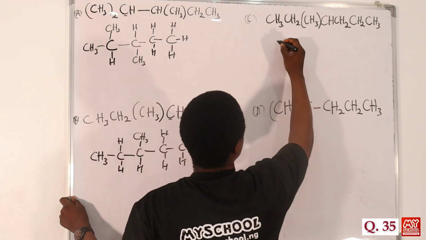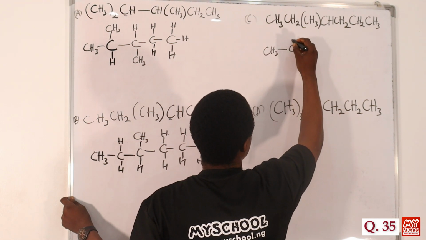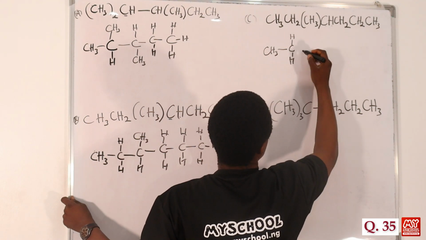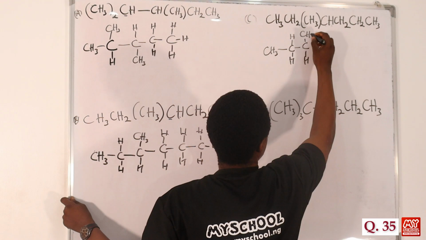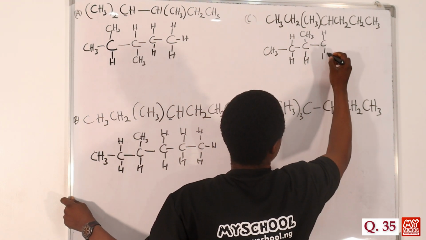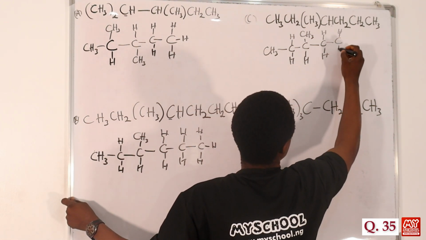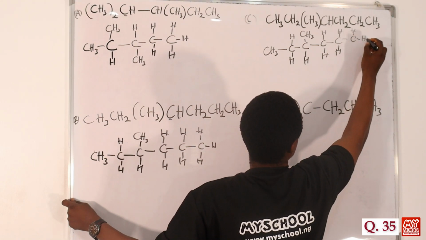Option C says CH3 attached to CH2, then we have CH3 attached to carbon and hydrogen. So we have carbon here with hydrogen attached to it, then CH3 here, then CH2 with hydrogen here, and CH2 there with hydrogen here, and then CH3, hydrogen, hydrogen, and hydrogen.